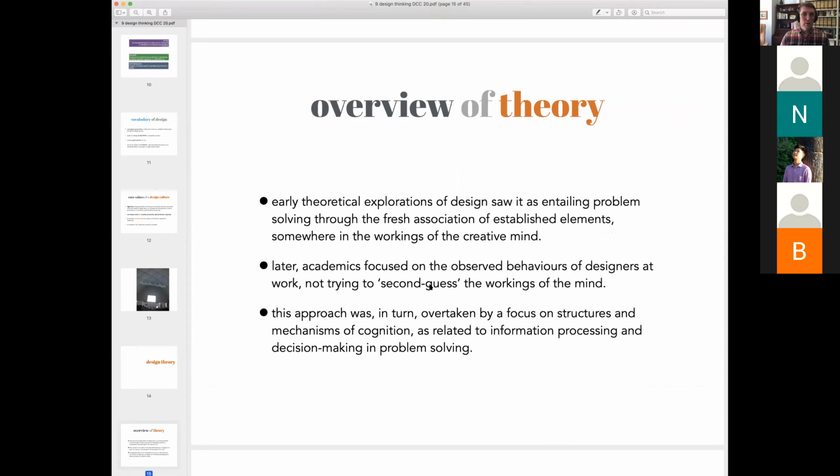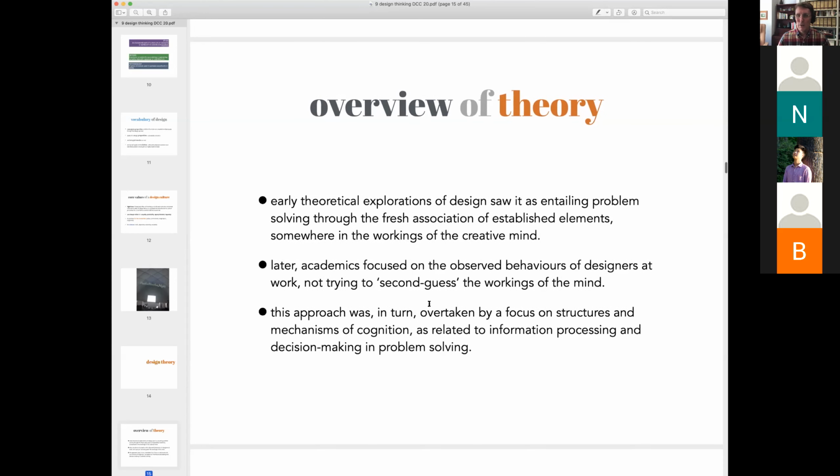So early theoretical explanations of design saw it as entailing problem solving through fresh associations of established elements, okay? And it was kind of black boxing the brain. This is happening somewhere in people's brains, but we don't even know how the brain works, so we don't want to go there. And for those of you interested in the history of knowledge, this was the behavioral thing. Unless you could actually observe how people did it and measure it, the post-war American approach, what we call the positivist approach, then they didn't want to go there.